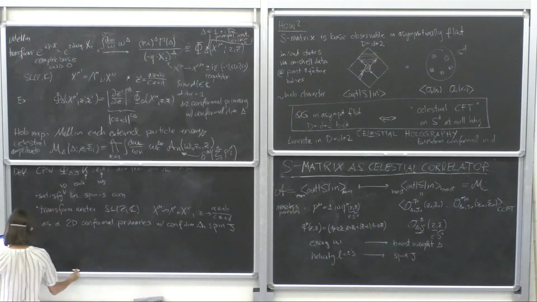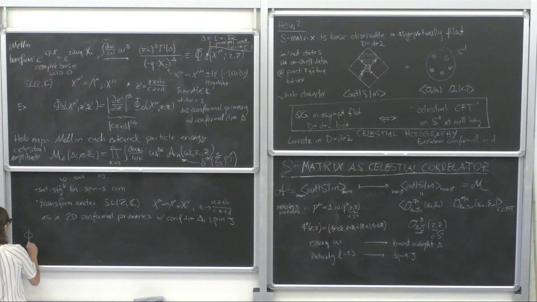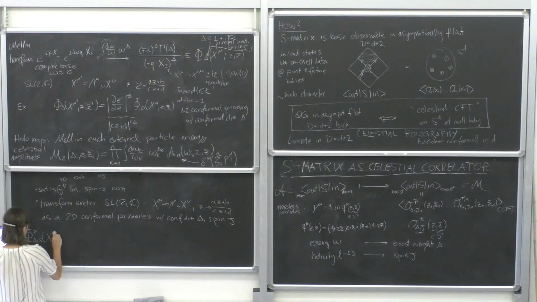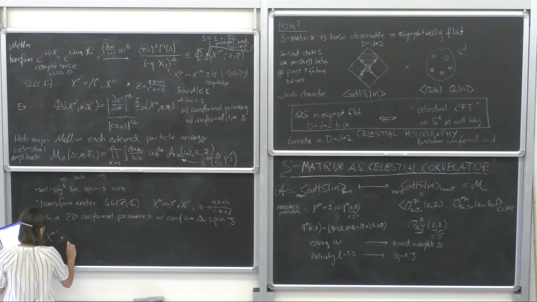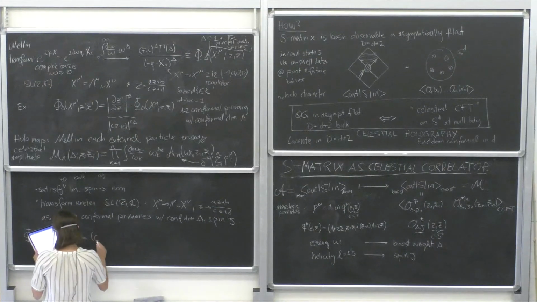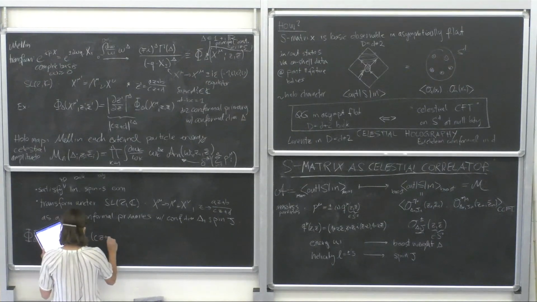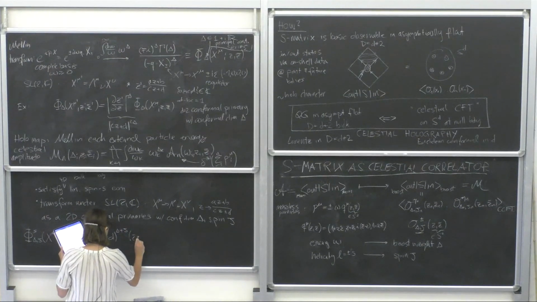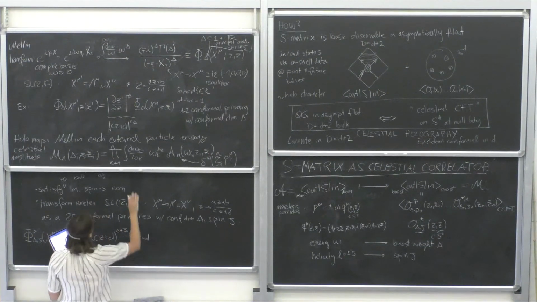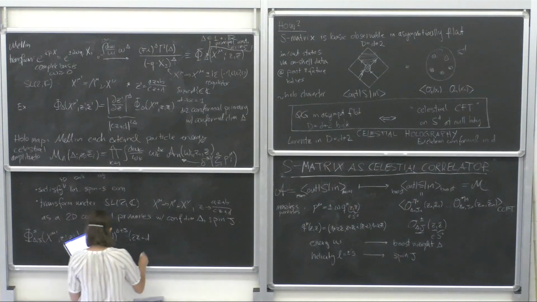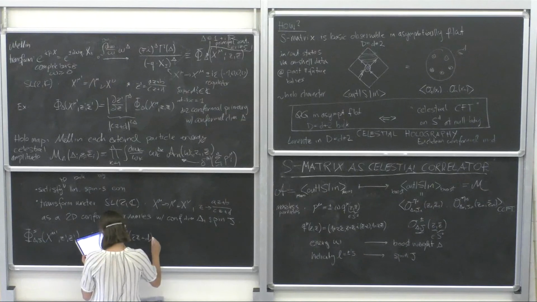And in general, how does this look? So the transformation of phi should be as follows. Let me just abbreviate this by a prime: z prime, z bar prime. So this is a conformal primary if it transforms in this way. Before, I wrote just the absolute value since we were looking at scalars, but now I've added spin, so I'll write the z and z bar transformation separately.